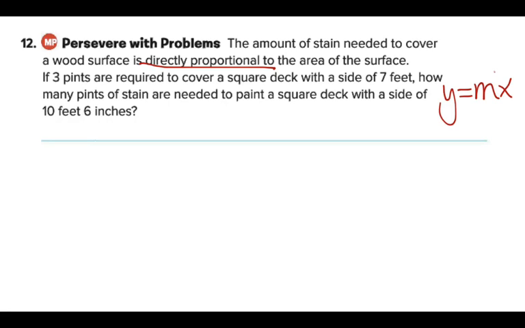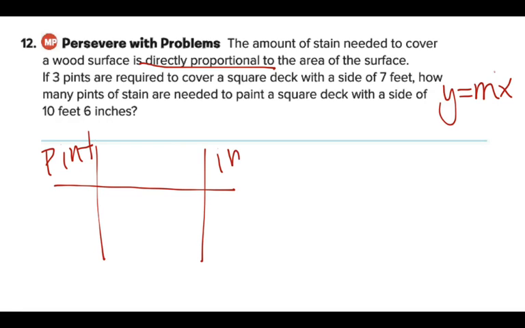If 3 pints are required to cover a square deck with a side of 7 feet, how many pints are needed to paint a square deck with a side of 10 feet 6 inches? Okay, so pints and feet. Our pints are 3, and the side is 7 feet.